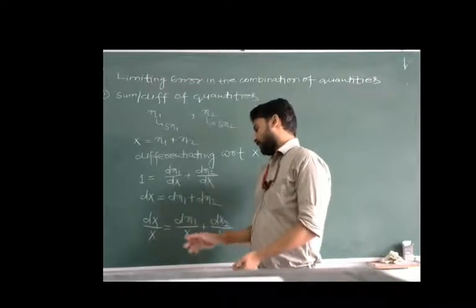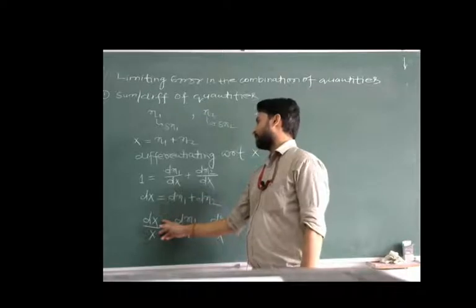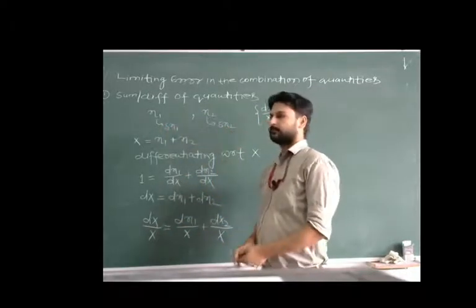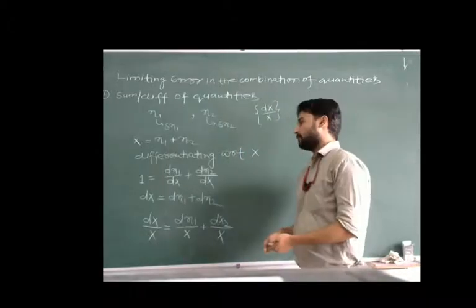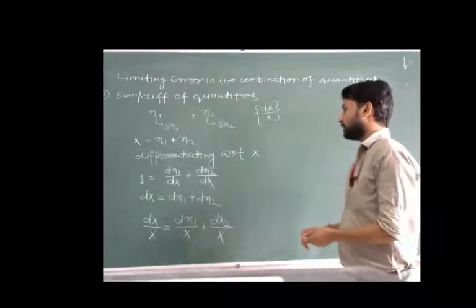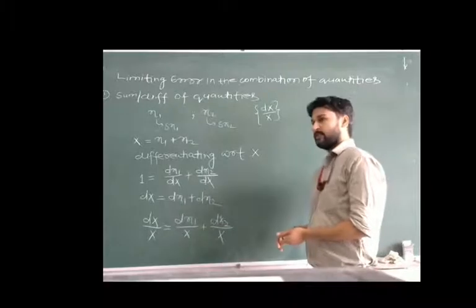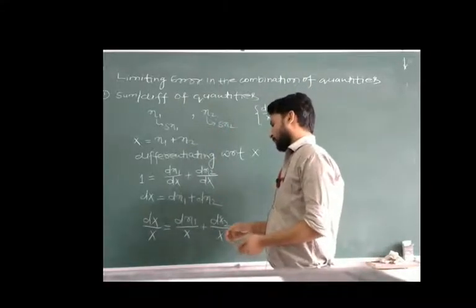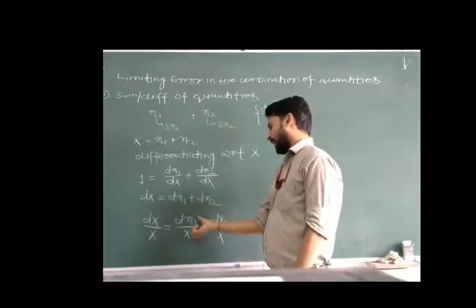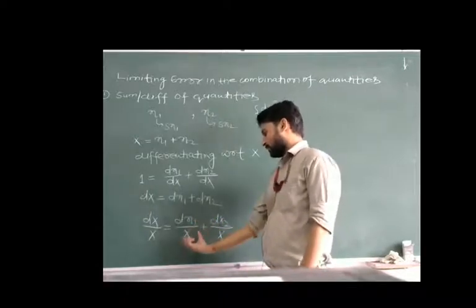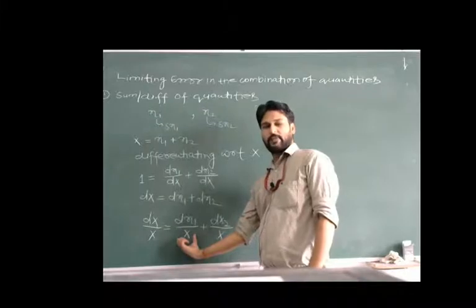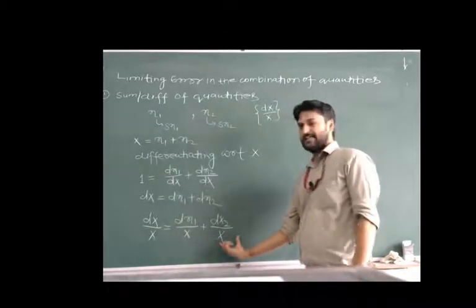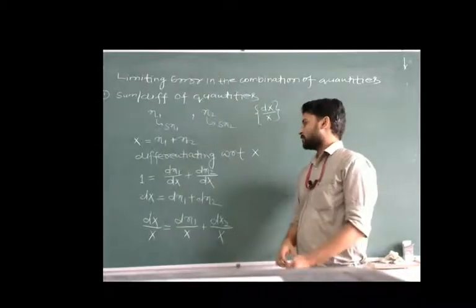We have to represent this increment in terms of del x1 and del x2. So to represent this quantity, we will divide and multiply each term. We will divide and multiply the first term by x1, and the second term by x2.